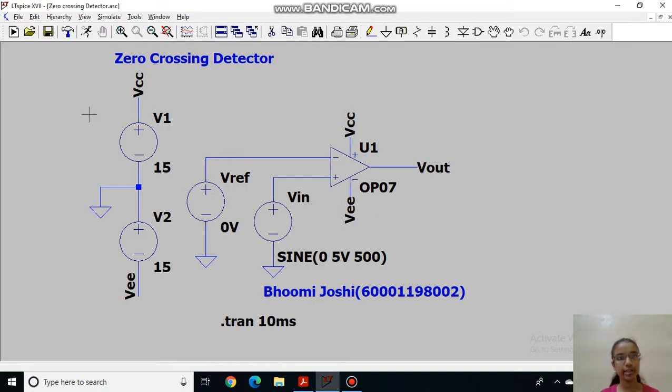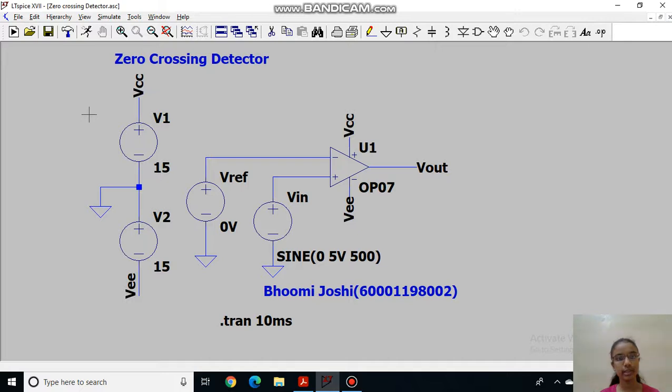So this is my schematic for zero crossing detector. As you can see, here I have applied 0 volt, which is my reference volt, at inverting terminal, and at non-inverting terminal I am applying my input voltage, which is of 5 volt and frequency is 500 hertz. So now let us run.